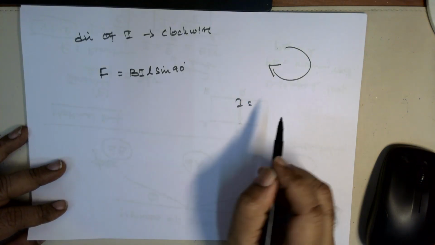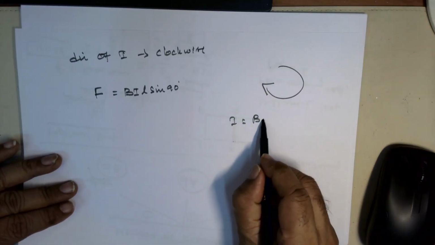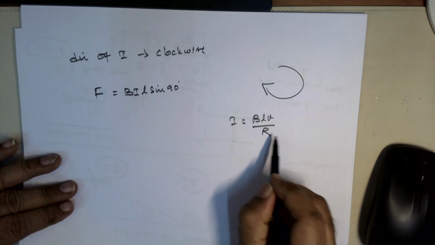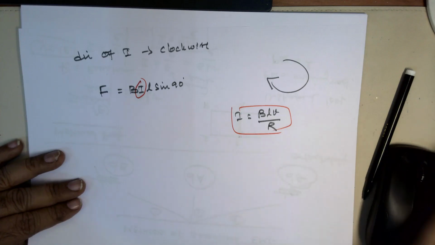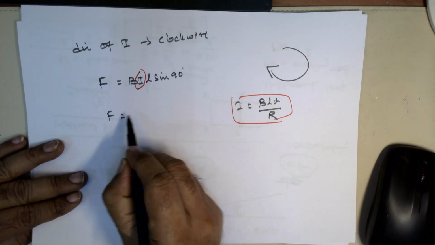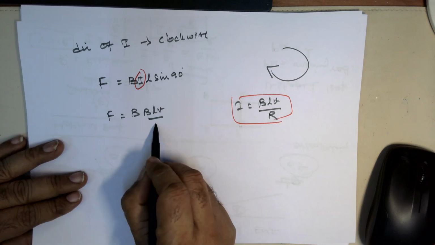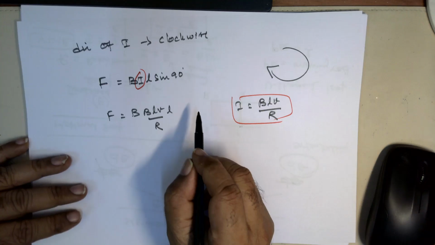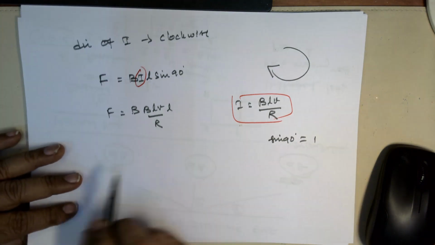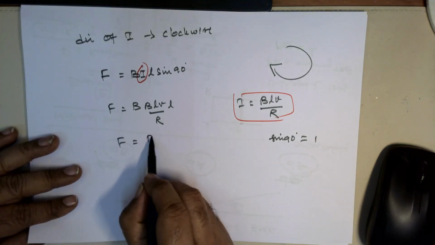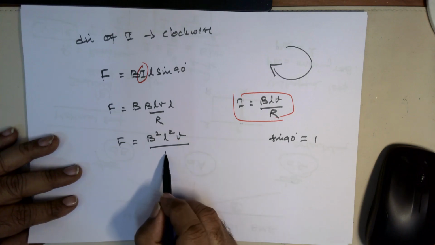We already discussed. What is this I? I is equal to BLV by R. So we can substitute this I by this equation, right? So that you are able to get B into BLV divided by R into L into sine 90, it is 1. Therefore, the equation becomes B squared L squared V divided by R.